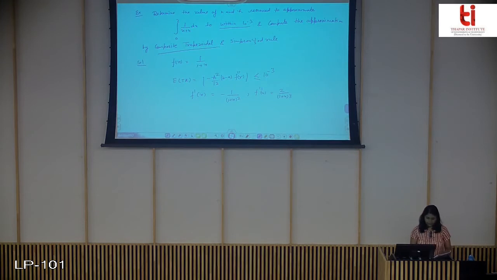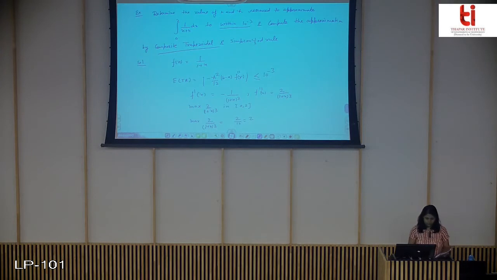Since we have to compute the error bound, it should take the maximum value of this function in 0 to 2. Since x is in the denominator, it will take the maximum value at the point x equal to 0. So the maximum of 2 upon 1 plus x whole cube is 2 upon 1 cube, that is 2.